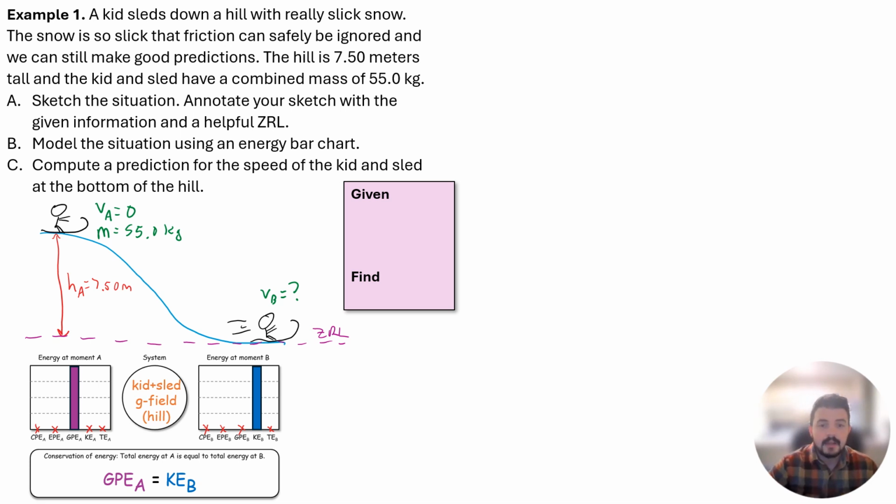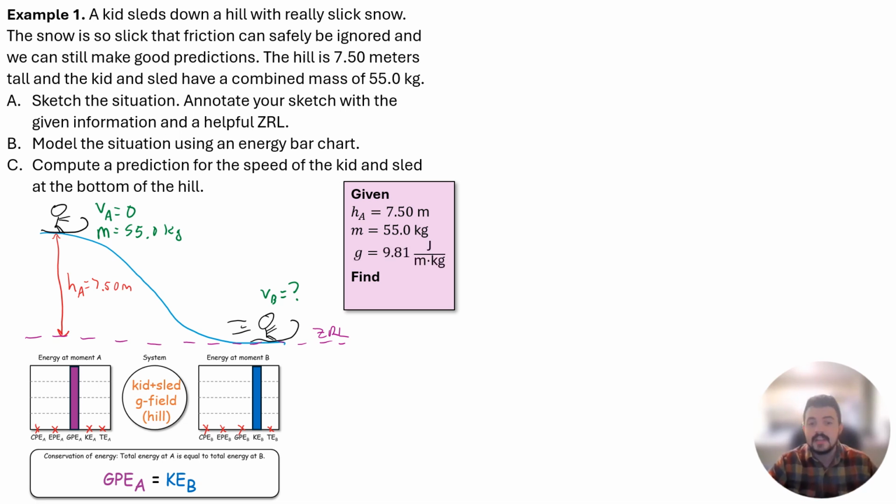So I'm reading through the problem again, looking for numbers. I know that the hill has a height of 7.50 meters, so the height of the kid at moment A is 7.50 meters. I know that the kid has a mass of 55.0 kilograms. And it's not explicitly stated, but I'm assuming this kid is doing their sledding on Earth.